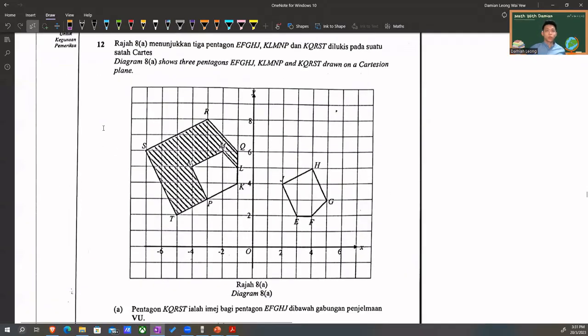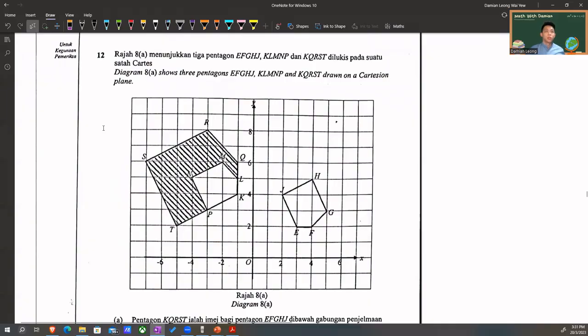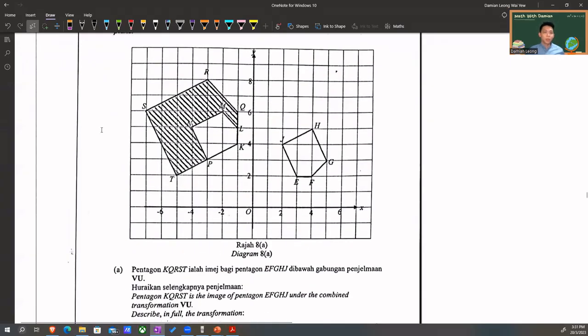Then we look at question 12. Diagram 8a here shows 3 pentagons: E, F, G, H, J, then K, L, M, N, P, and K, Q, R, S, T drawn on the Cartesian plane. So pentagon K, Q, R, S, T is the image of pentagon E, F, G, H, J under the combined transformation.